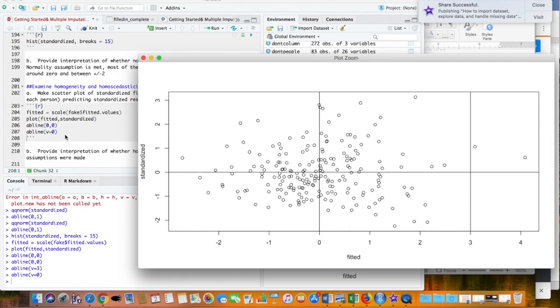So in terms of homogeneity of variance, you want the dots to be equally spread across all 4 quadrants right here. So 1, 2, 3, 4.